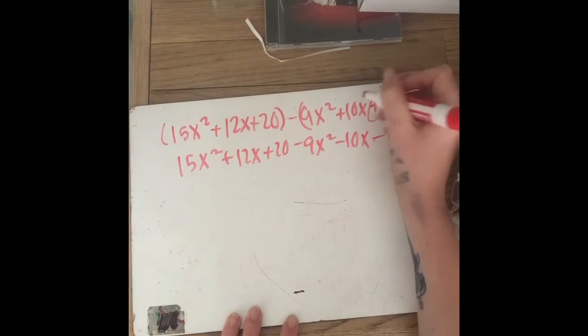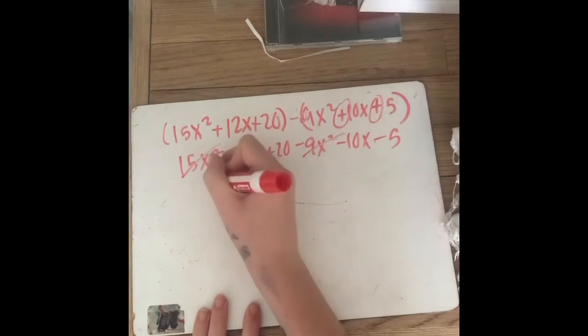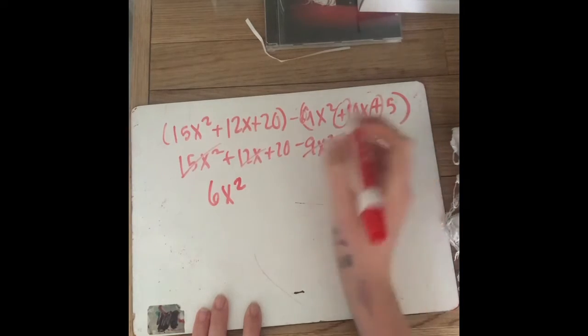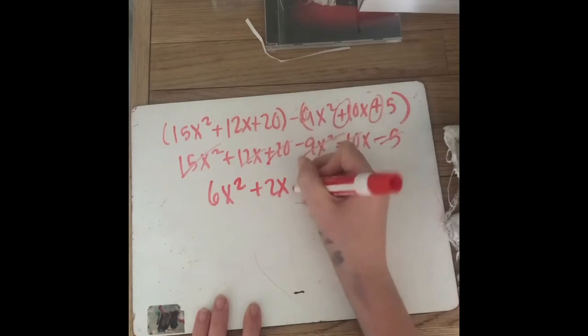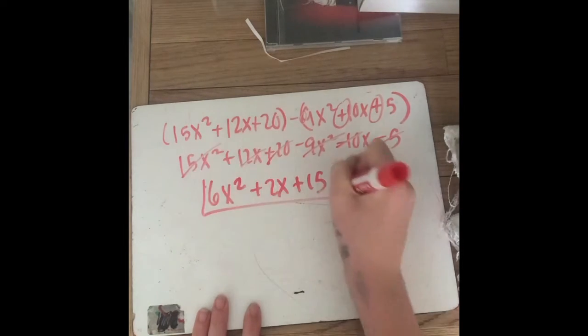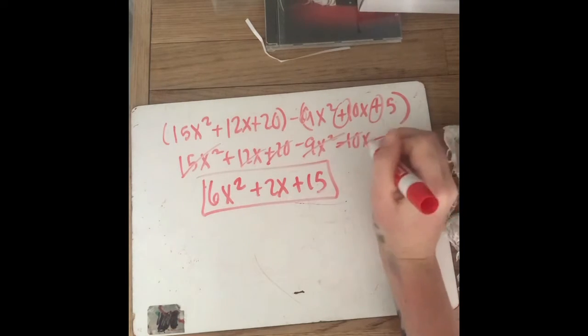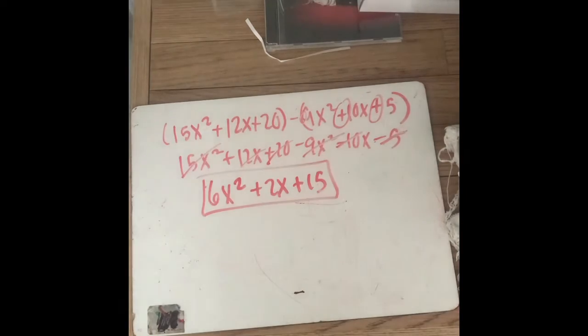So these both have sign changes. Going to get 6x squared plus 2x plus 15. So it's not that challenging. You just have to make sure you stay in line, because they're really easy to mix up.